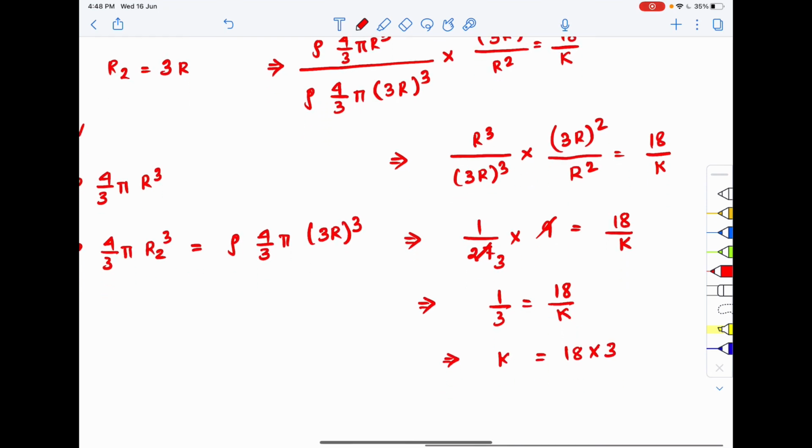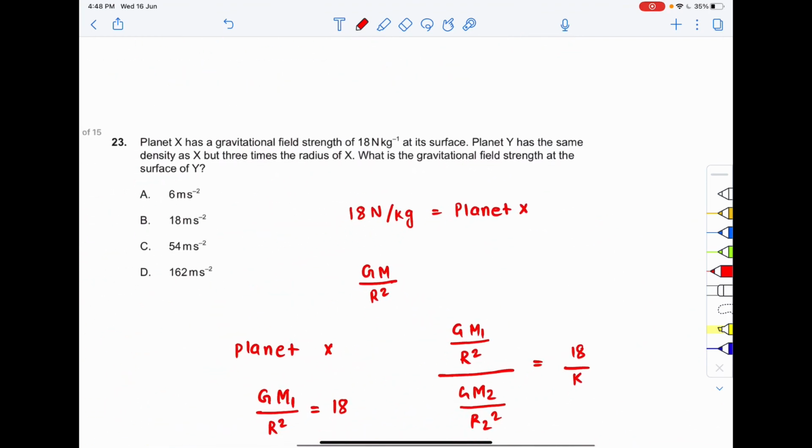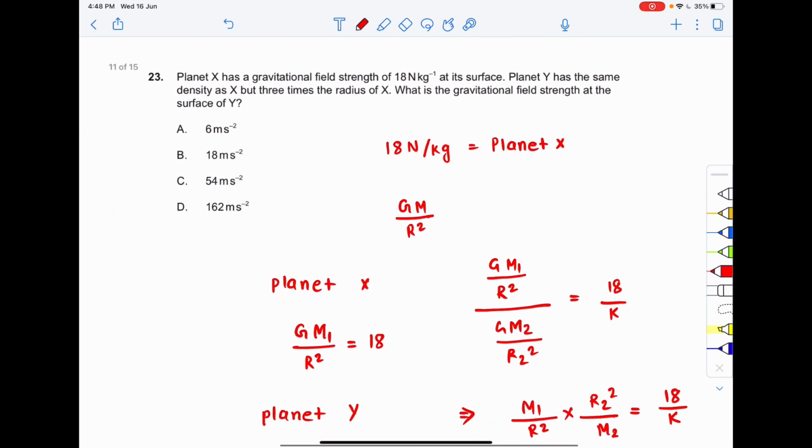So the value of the gravitational field strength at the surface of the planet Y is nothing but 54. So the correct option to question 23 is option number C.